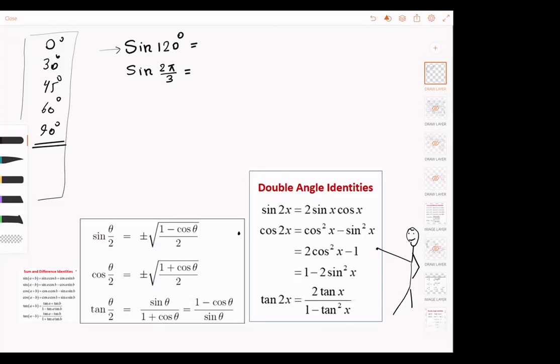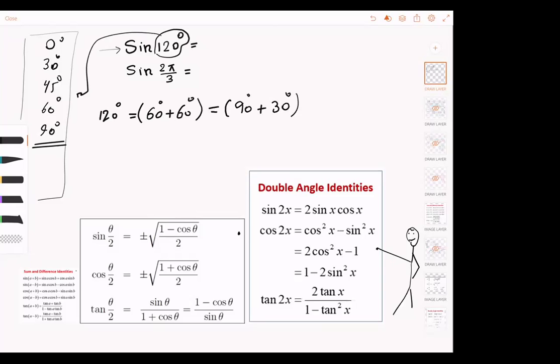In order to get 120 from here, we have options. 120 degrees, we can say 60 plus 60 degrees is 120. We can say 90 plus 30 degrees also is 120.